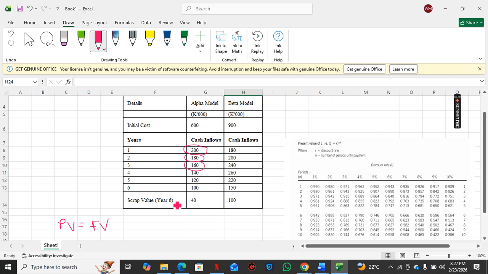Then in year 6 we can resell this model for 40,000. All this information I'm circling in pink are your future values, and you're going to convert them into the present value.